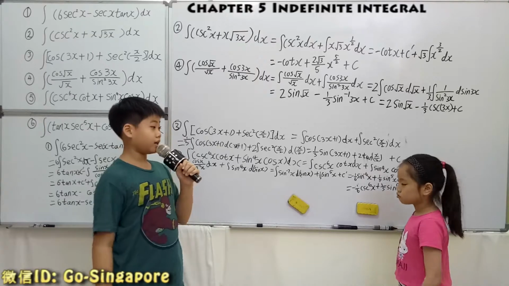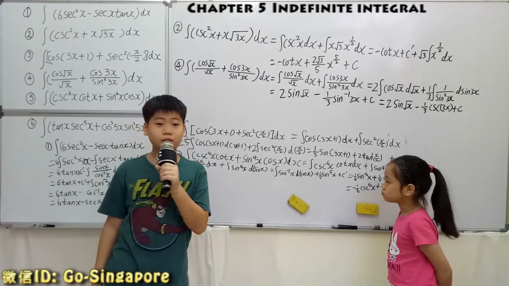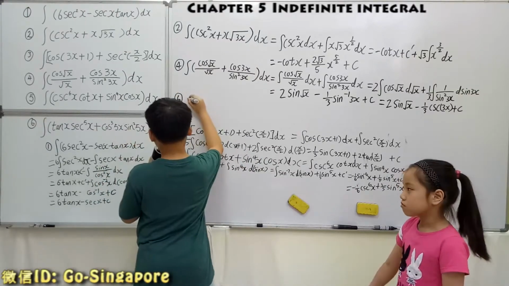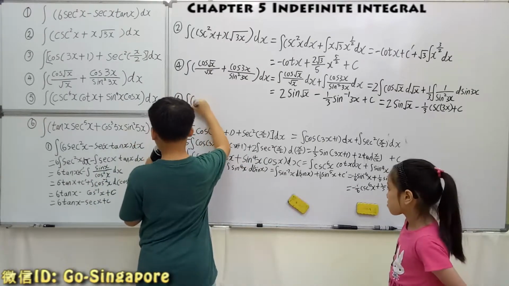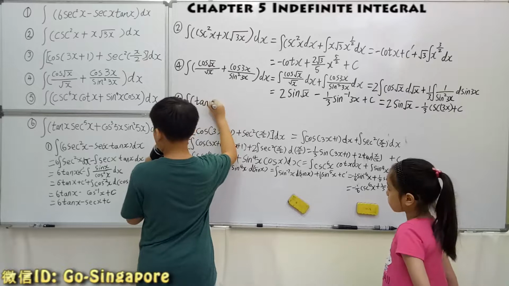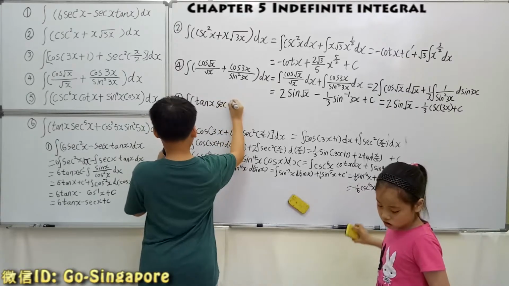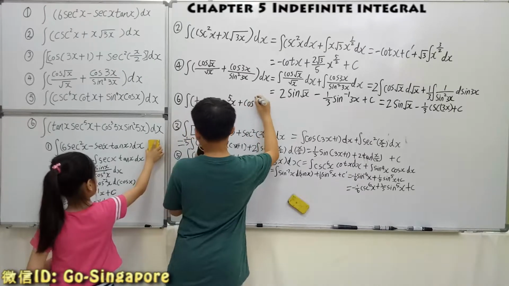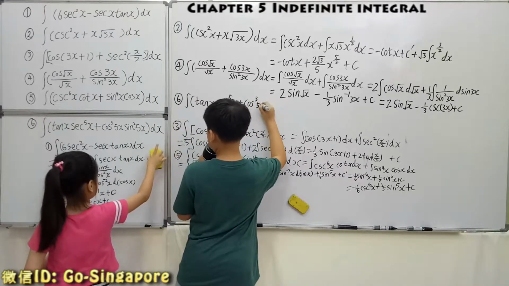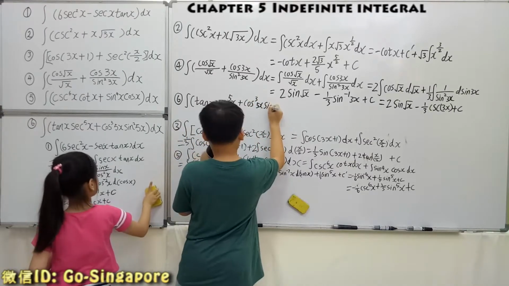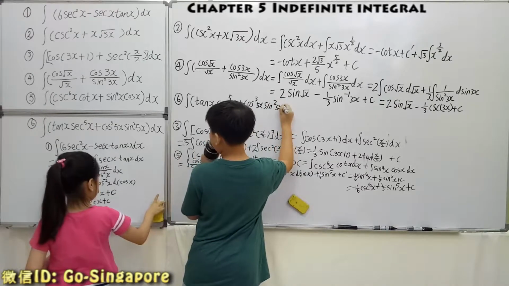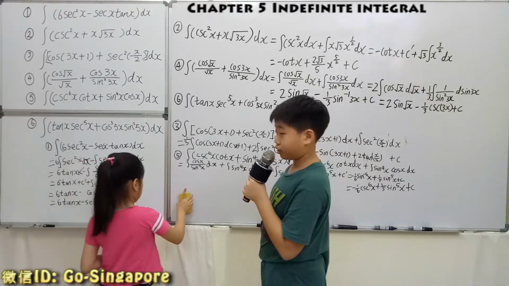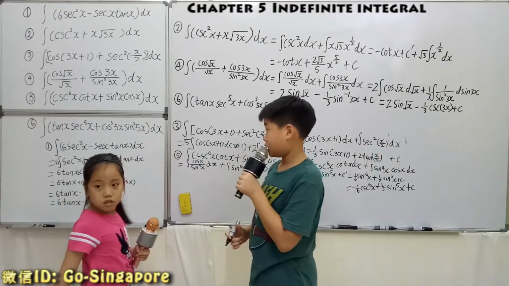Okay, so next we'll be on to question number 6. Question number 6 is the integral of the bracket tangent x secant to the power of 5x plus cosine to the power of 3 5x sine square 5x, bracket, dx. So right now for this, we also separate.